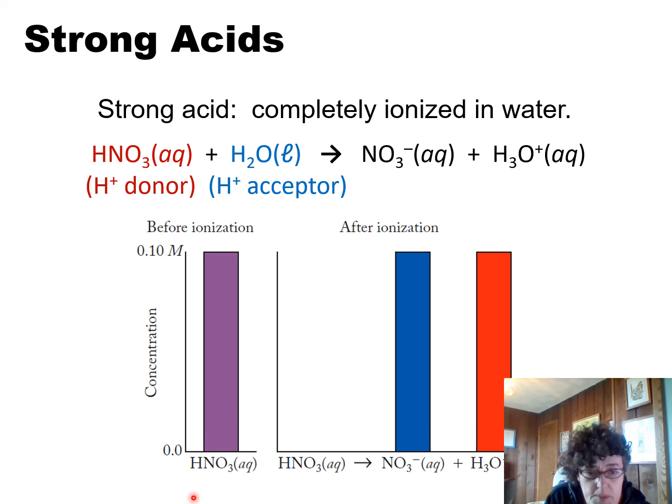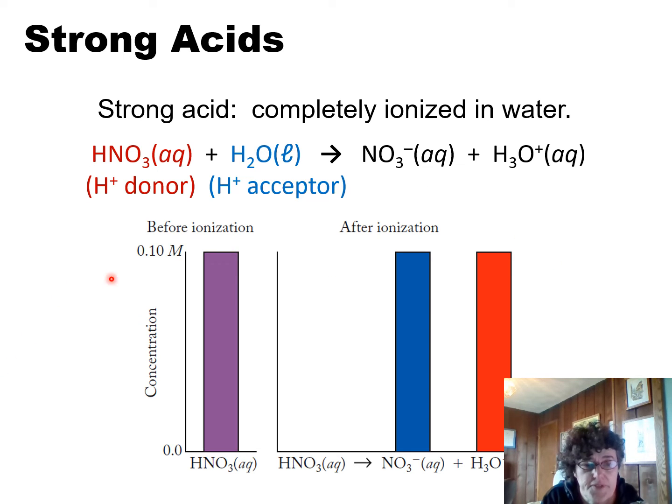So if I put a certain amount of nitric acid, every single molecule will separate into H+, or if we want to be more formally correct, H3O+, and NO3 minus, and by the end of the reaction there would be no HNO3 left. So we write only one arrow in the reaction because the reaction goes one way only, unidirectional. It's not an equilibrium at all.